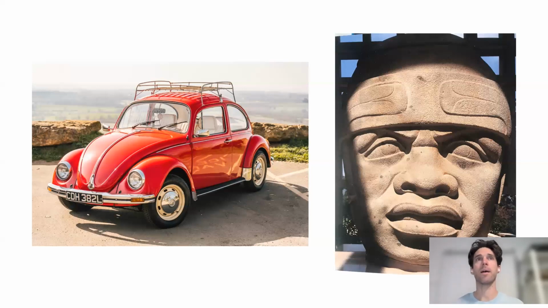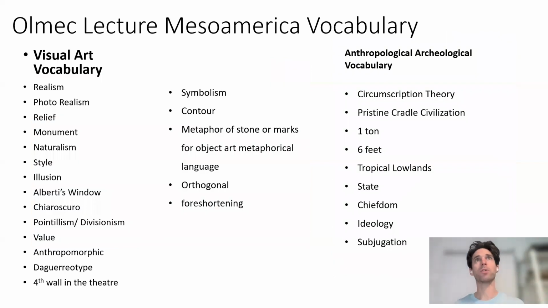And then I'll set it up with these two prompts I have that I think are really informative in terms of entering art history, and entering art history from an archaeological, anthropological place like an ancient civilization. We're going to end up with some vocabulary terms having to do with visual art by the end of this, and this is the first of a 6 lecture series on the history of Mexican art.